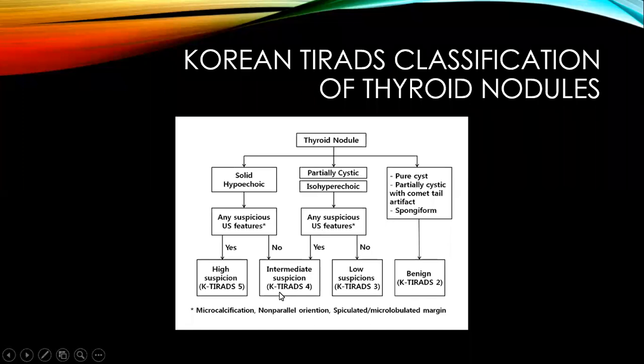But if there are suspicious features, we classify it as intermediate suspicion. On solid hypoechoic lesions, we also look at suspicious features. If there are none, then we classify it under 4. If there are any suspicious features, then that's high suspicion. We classify it under 5. Some of the suspicious features include microcalcification, non-parallel orientation, that is taller than wide, and spiculated or microlobulated margins.